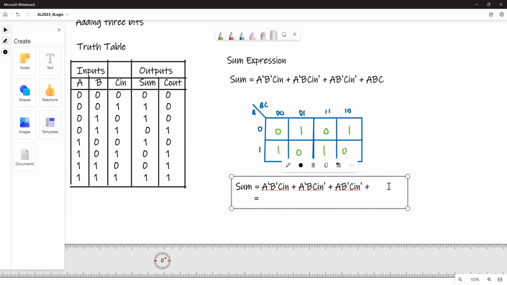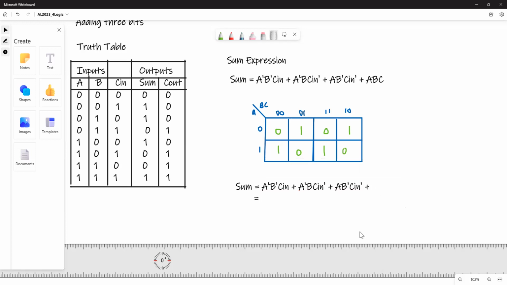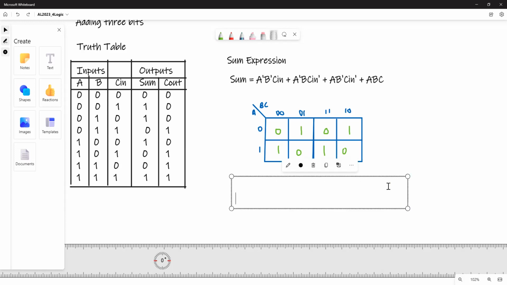Sorry, I think I missed something. Now you can see what are the common values.